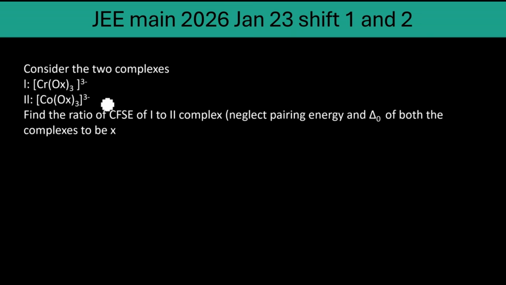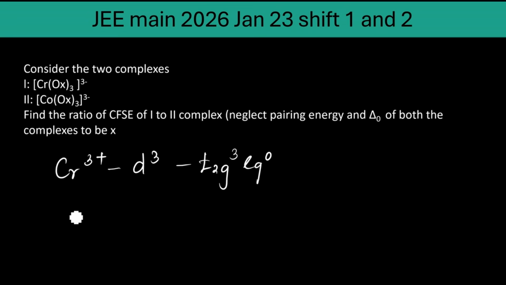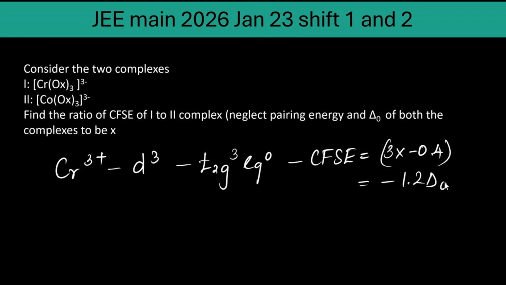Consider the two example complexes, chromium oxalate complex and cobalt oxalate complex. Find the ratio of CFSE of complex 1 to complex 2. Neglect the pairing energy and take delta naught of both the complexes to be X. First of all, let's take chromium. The oxidation state becomes 3+, so it will be a d3 configuration, which is t2g3 eg0. Let's find out the CFSE: 3 into minus 0.4, so it comes out to be minus 1.2.